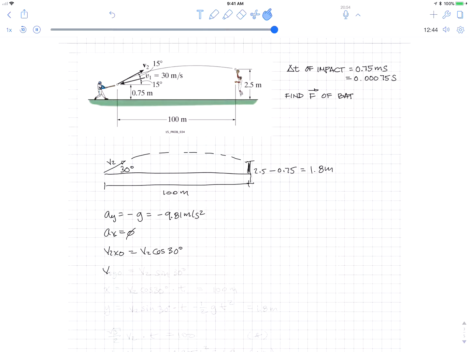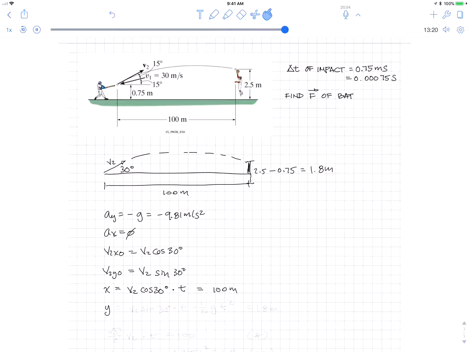And the y velocity initially is v2 sine 30 degrees. Okay, so the equations of motion, we know that x will be v2 cosine 30, that's the initial velocity, which doesn't change because acceleration is 0, times t. There's no acceleration, will equal 100 meters.